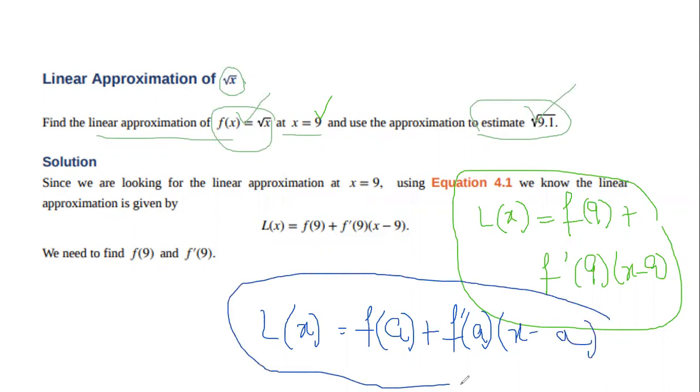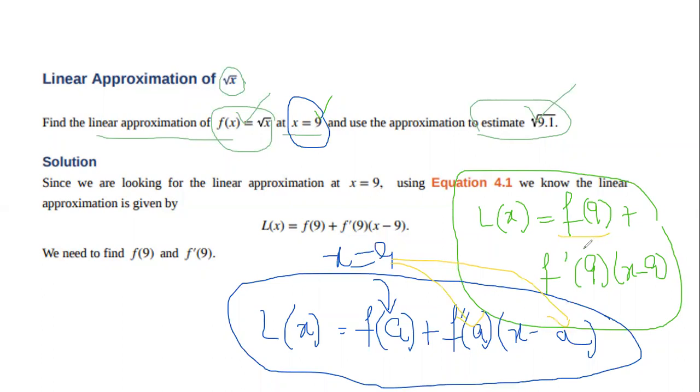Here a is a number, the point p, which equals x equals 9. So let x equal 9. Here a gets replaced by 9. So it will be 9 here, also a 9 here and a 9 here. So my formula will be f of 9 plus f derivative of 9 into x minus 9.